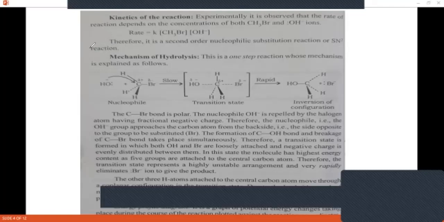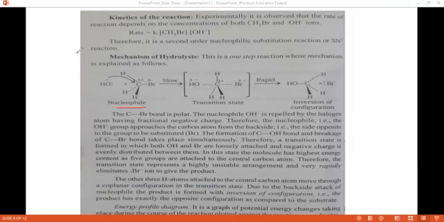Now, in this reaction, methyl bromide, a primary alkyl halide, is used as the reactant. Methyl bromide reacts with sodium hydroxide to form methyl hydroxide.